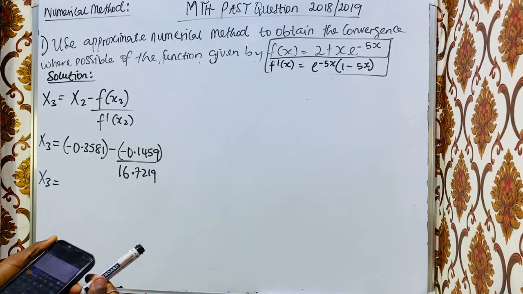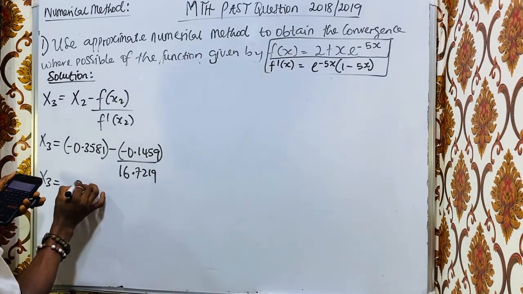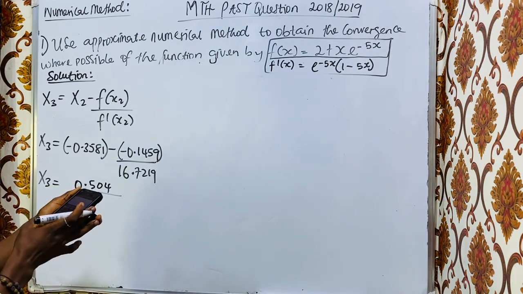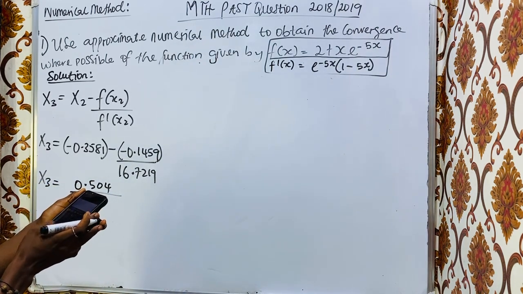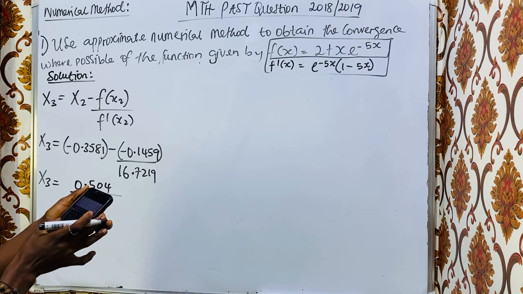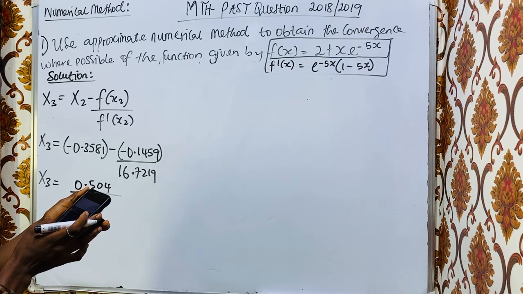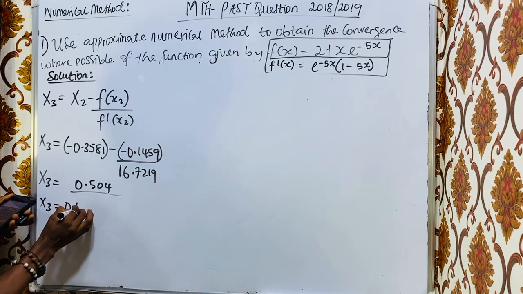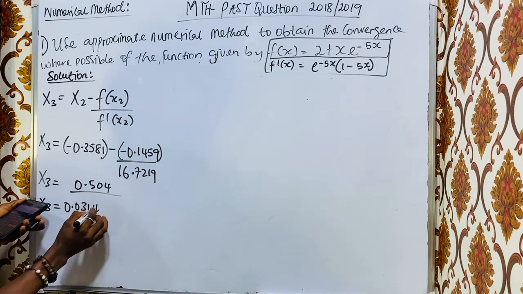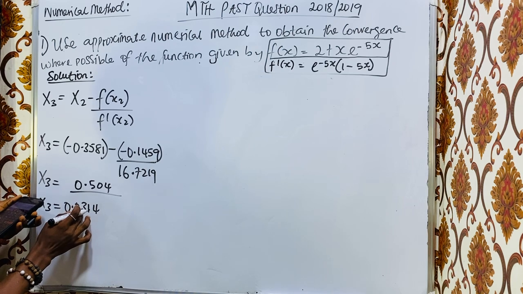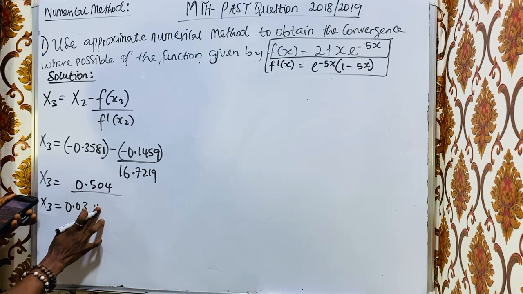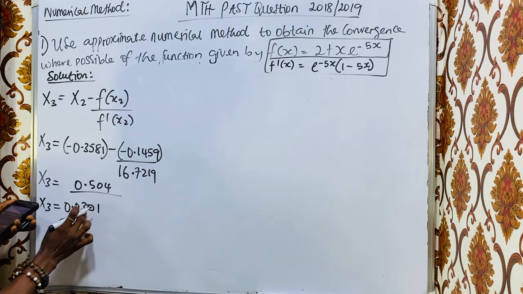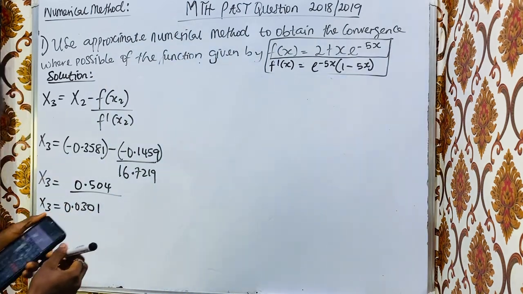Then 0.504 divided by 16.7219. So we'll be getting x3 equal to 0.0314, at least to 4 decimal places.